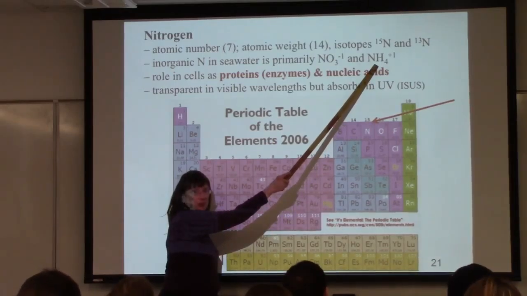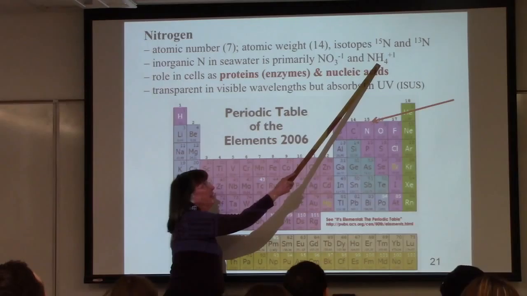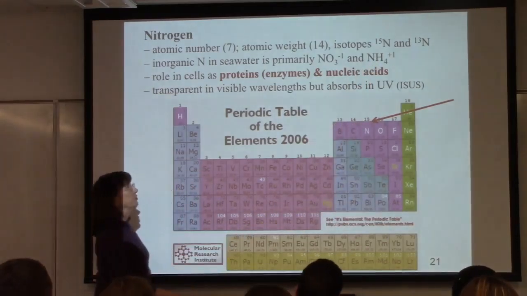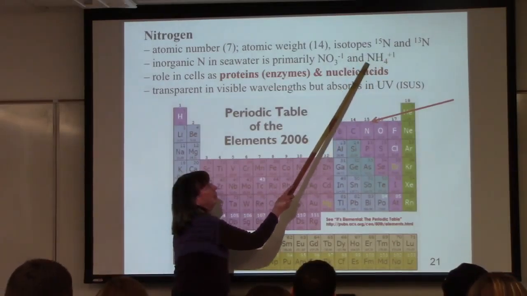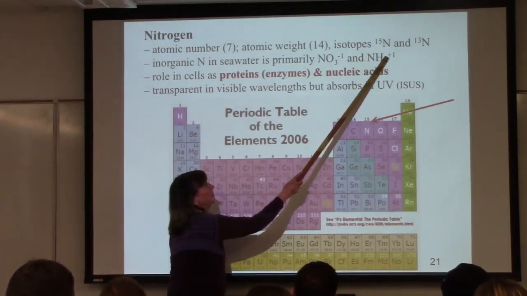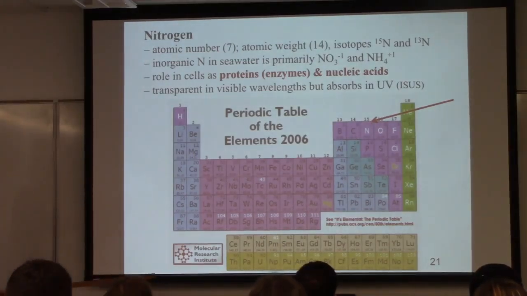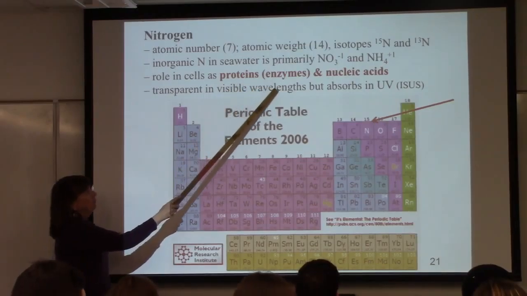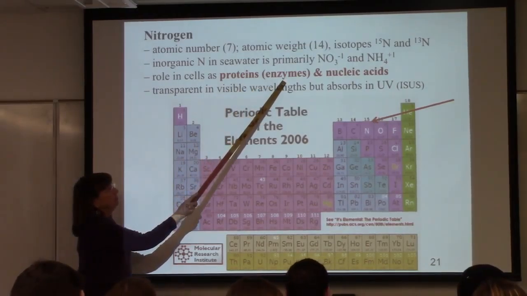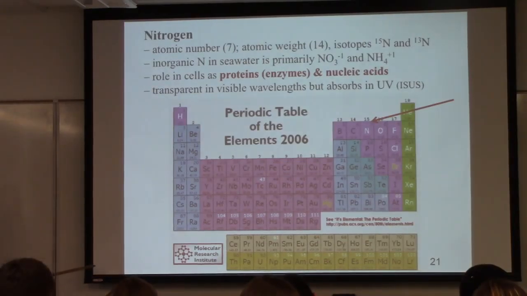Ammonia is a regeneration product from zooplankton excretion after they metabolize, fish excretion, etc. And it's highly reduced, so it is preferentially taken up by phytoplankton and bacteria. Nitrogen is the backbone of proteins, which are the enzymes, and it's also the backbone of nucleic acids. So it's essential for life.